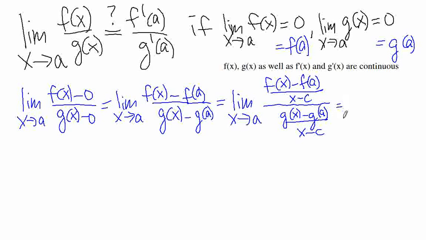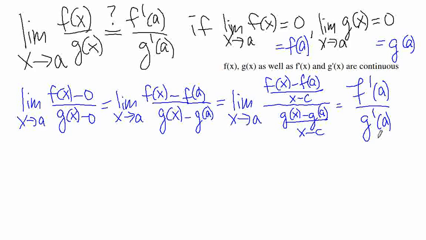And in closing, the limit of a fraction is the limit of the top divided by the limit of the bottom. But notice that the limit of the top is f prime of a. Notice that the limit of the bottom is g prime of a for a situation where the functions are differentiable, continuous, and the derivatives themselves are continuous. So there you have it. I've proved it for the case of the 0 over 0 situation.